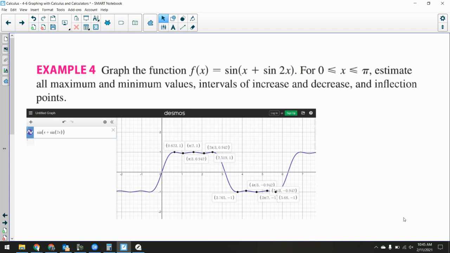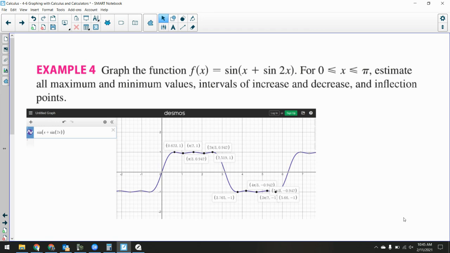Let's take a moment and try to find the derivative algebraically. What is the derivative of sine of x plus sine of 2x? Well, this has got a chain rule in it. So first thing I'm going to do, I'm going to peel away the layers. What's the derivative of sine? Cosine of x plus sine of 2x.